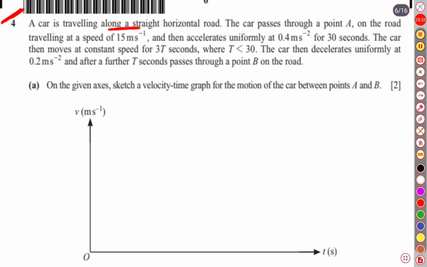So we will have to find the velocity after accelerating at 0.4 meters per second squared for 30 seconds. Let us find the velocity, because we are drawing a velocity-time graph.